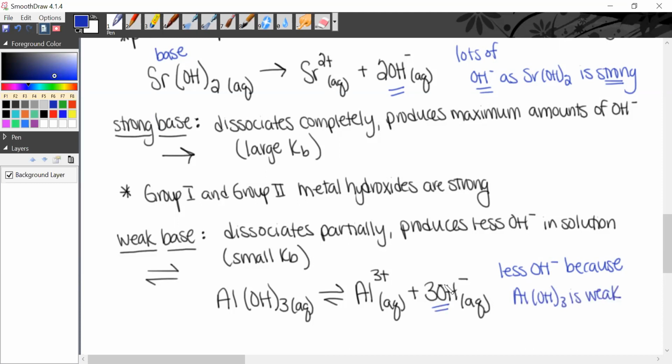So you'll get a little bit, but the KB would indicate the reaction lies more to the left, that in fact you're going to have more of it molecular, stuck together, and not free floating as OH minus ions in solution, which is what makes the thing basic.